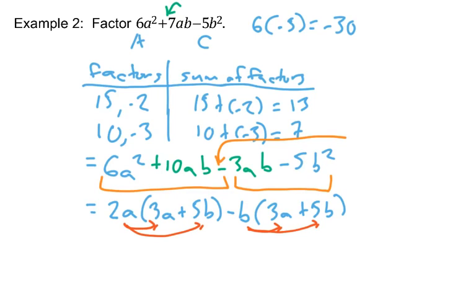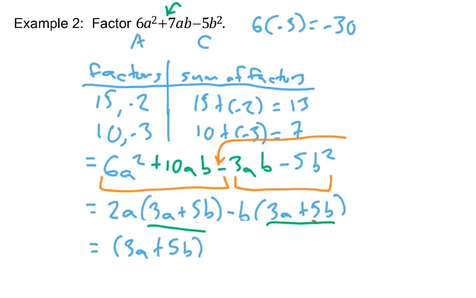Now, what you're hoping for, and what we got, and that's really wonderful, is what we call a common binomial factor. Notice that both of these terms contain a 3a plus 5b. That's a common factor, and as a common factor, you can factor it out. So I'm factoring out the common factor that I've underlined in green.